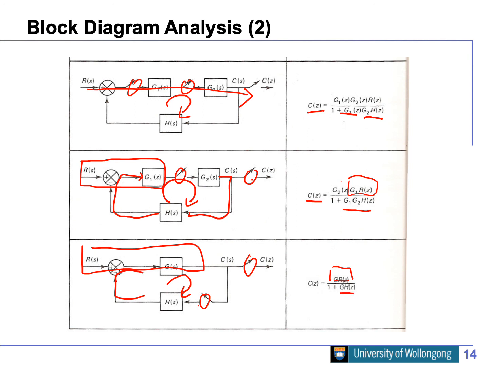It's only when they are completely separate, like this G1, that you treat them separately. So there are a few cases like this. You need to be able to simplify the block diagram to get the proper digital frequency domain representation of the transfer function.